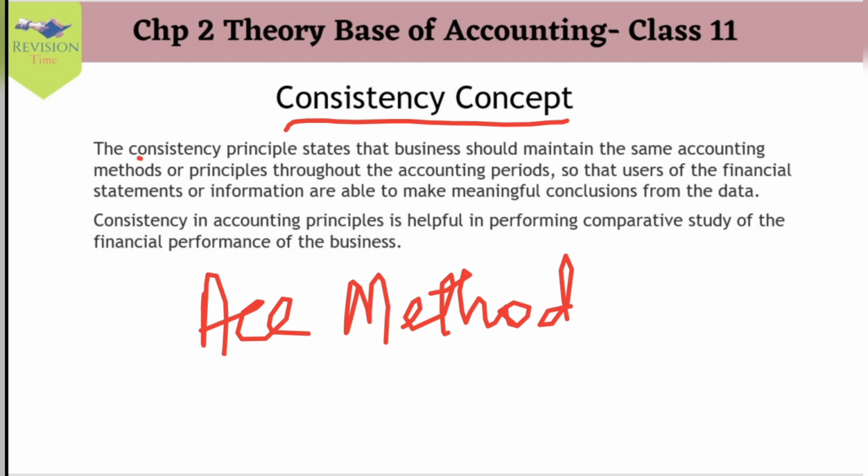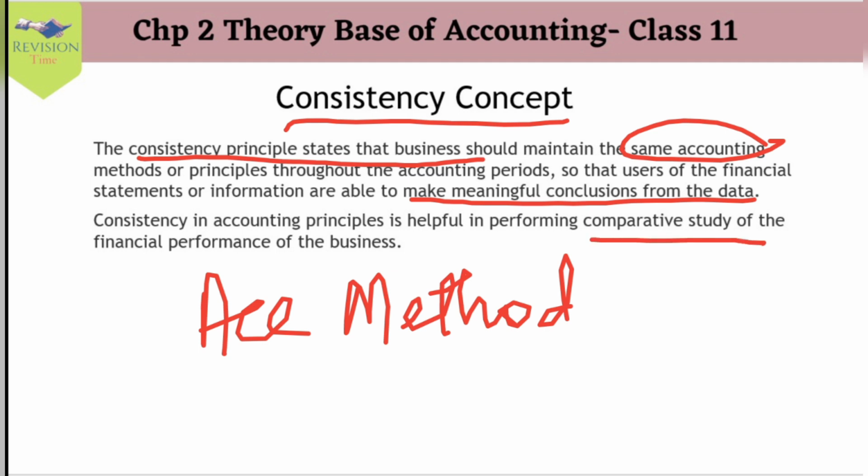So, the consistency principle states that a business should maintain the same accounting method or principle throughout the accounting periods, so that users of accounting information are able to make meaningful conclusions from the data. Consistency in accounting principle helps in performing comparative study of the financial performance of a business.